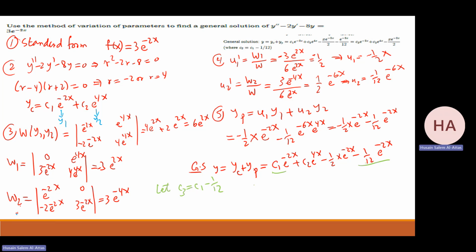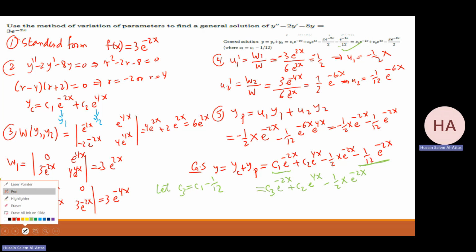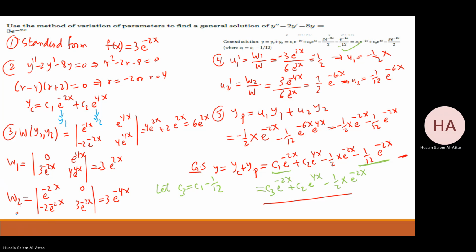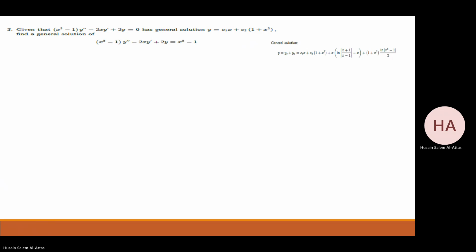So I can write this as C3 e to the minus 2x, and the rest is the same. And this is what he did, because I can plug this inside and call it another C. Sometimes you can do this trick, especially if it is multiple choice questions. I can write the answer in this way or that way. Both are correct.